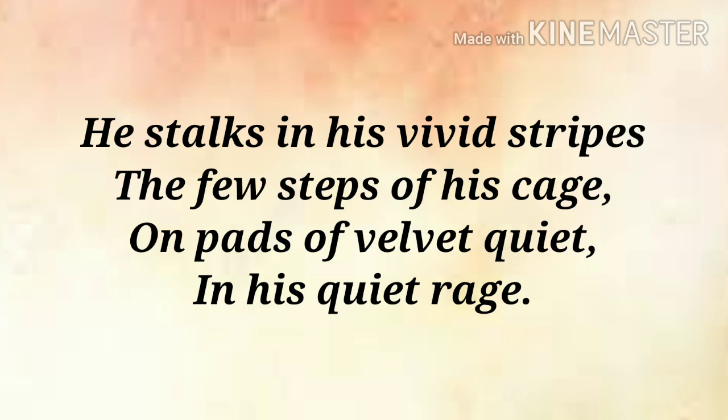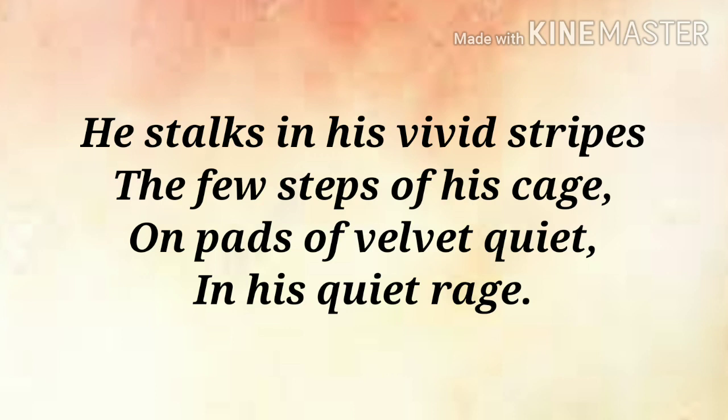It means the tiger could only take a few steps because the cage has limited space. On pads of velvet quiet means the tiger walks quietly, without making a sound, because of his smooth velvet-like paws.